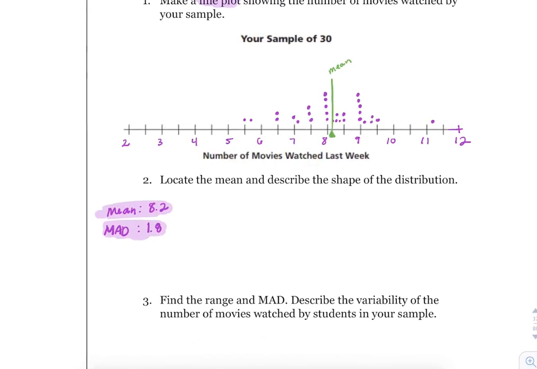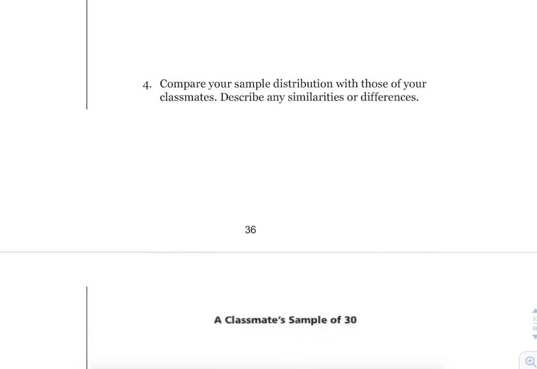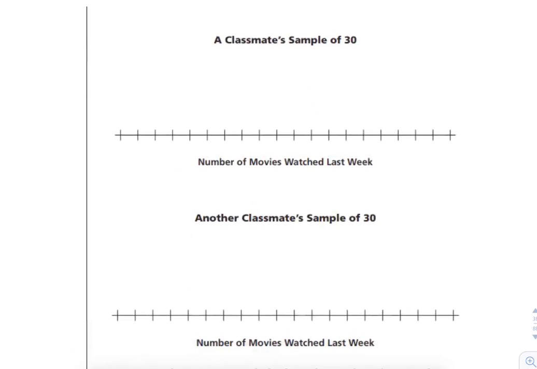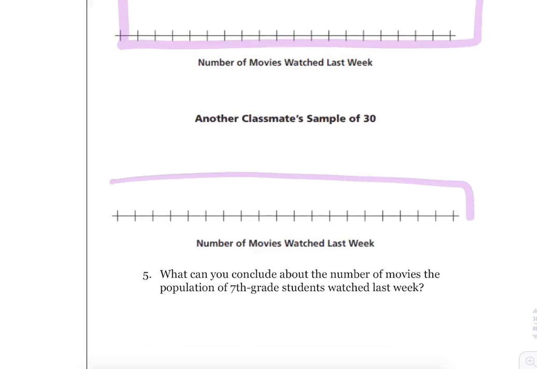Okay, now I can't do this because I'm working by myself, but you are going to look at other students around the room, maybe just your neighbors. Keep it easy. And you are going to copy down theirs in your dot plot here. You'll copy another person's down.